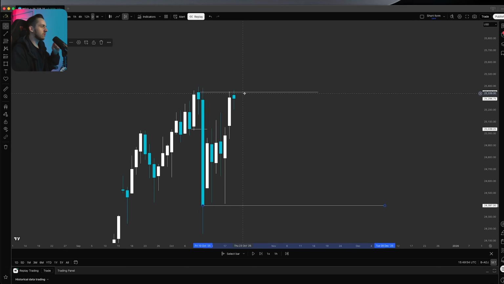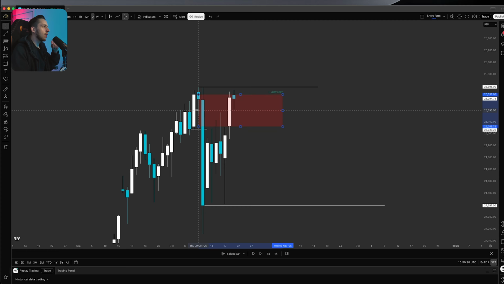So market structure for the daily is bearish. Next question: where are we reacting from and where can we go next? And this is where you draw your order blocks and everything else. We are currently reacting from this bearish order block right here, and maybe tomorrow we can even push a little bit higher, sweep out these highs and go lower.